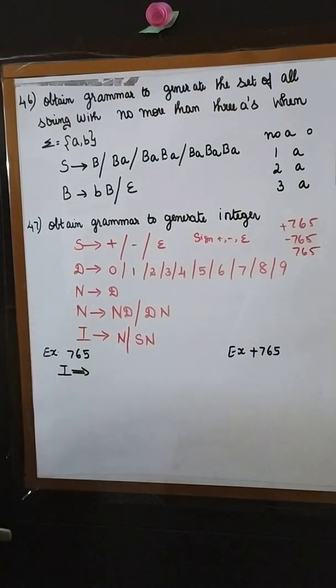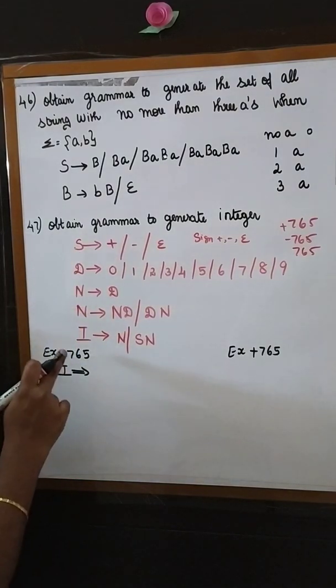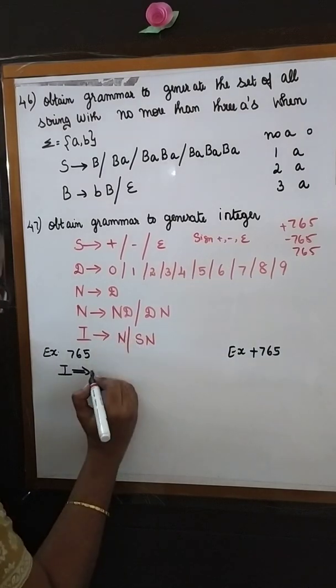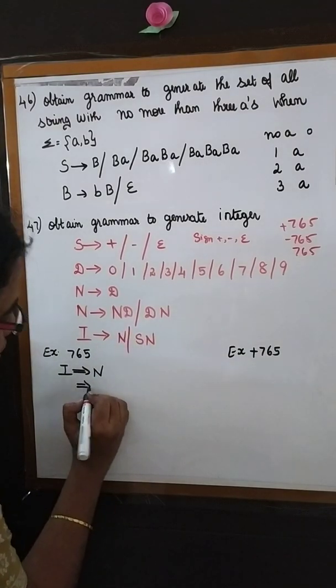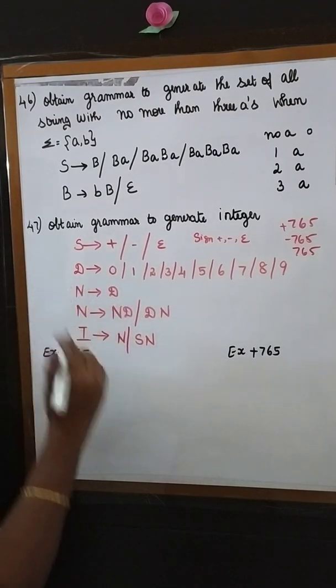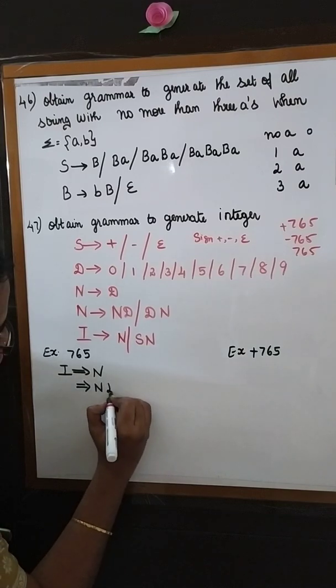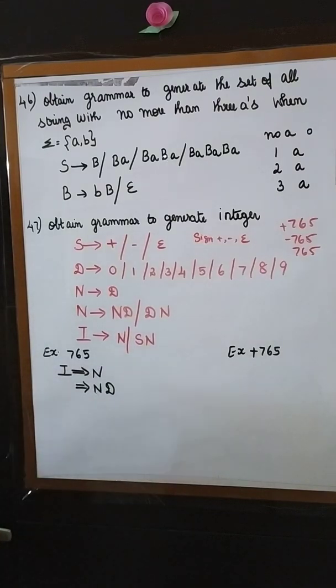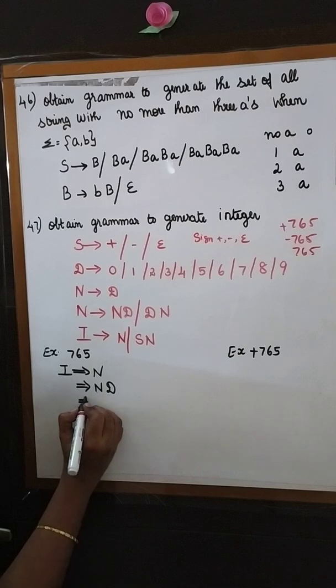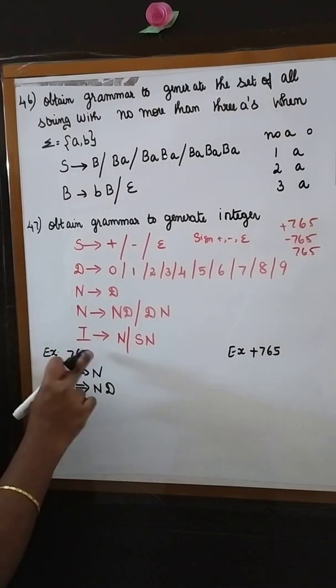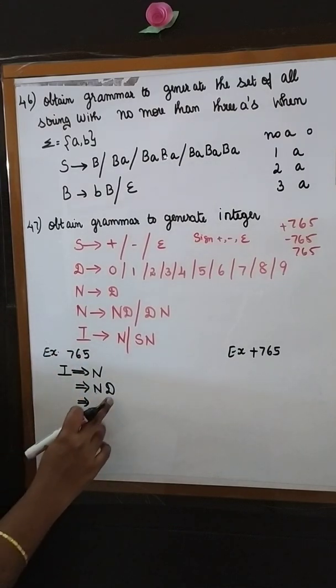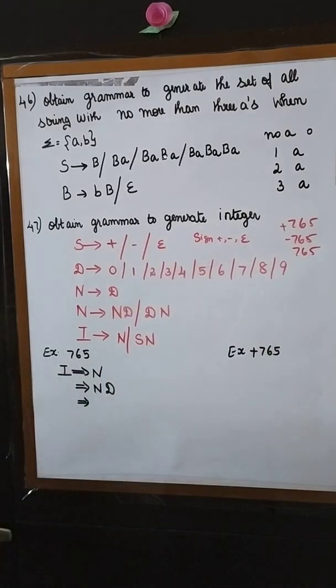Yes, it denotes the sign. Since the sign is not there, which one do I have to take? I have to take N. Now this N can be replaced with a number and then the digit. Once again I need how many digits? I need 3, and I have got only 1 digit.